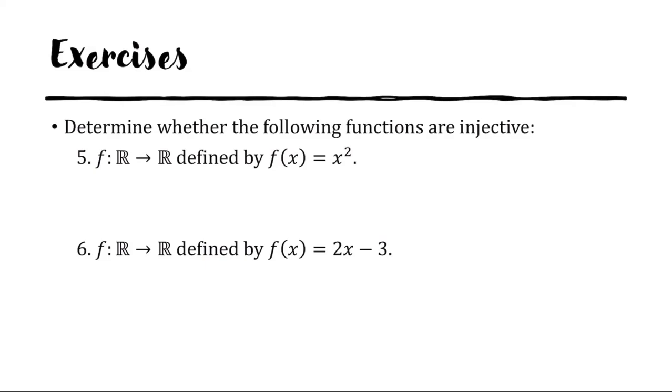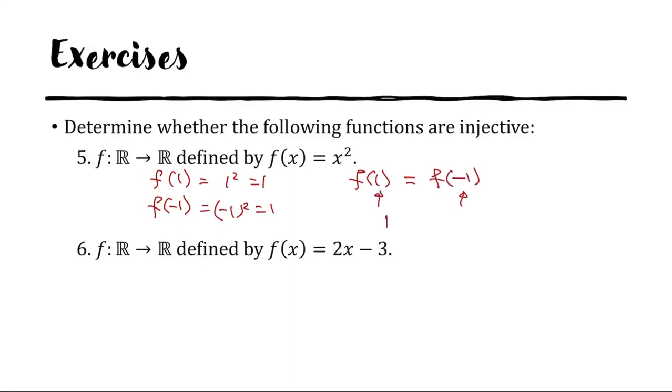Okay, so you give me x equal to 1 and -1. So let's check f(1). Then we have 1 squared is equal to 1. f(-1) gives you (-1) squared, and that also gives you 1. So we have f(1) equals f(-1), but the input 1 is not equal to -1. So this is not injective.